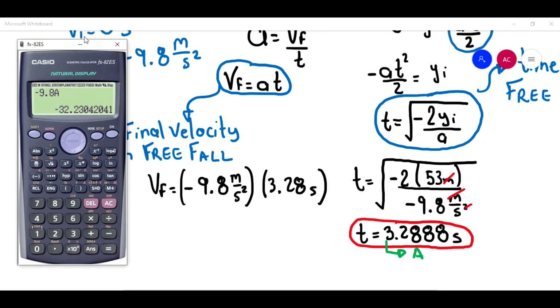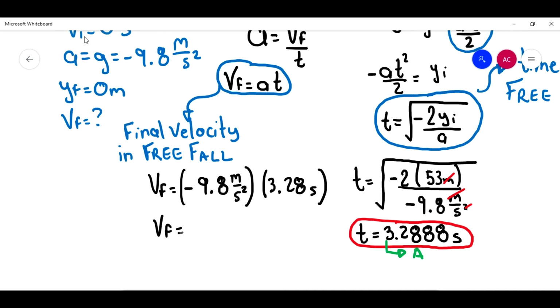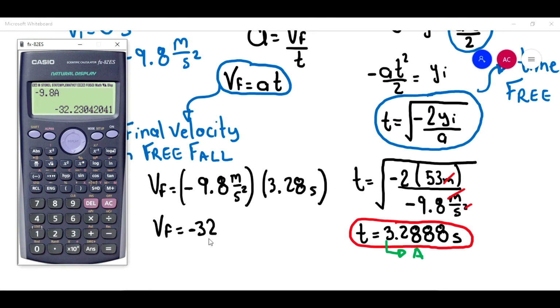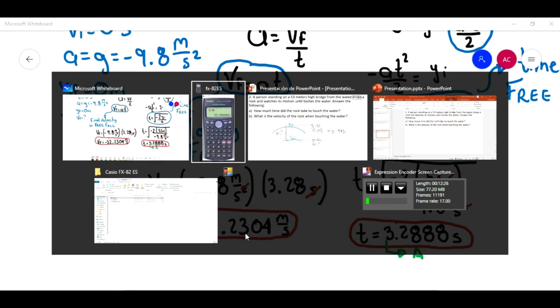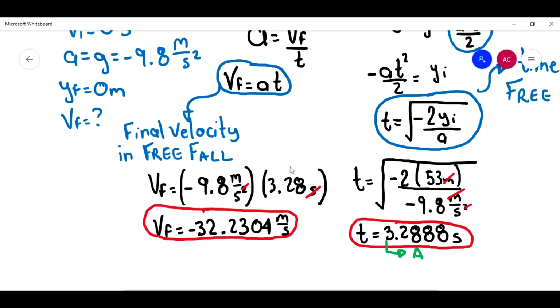The final velocity of the stone is minus 32.2304 meters per second. Remember, it is negative because it goes down. I'm going to circle that answer because that is something the problem asked me to find.